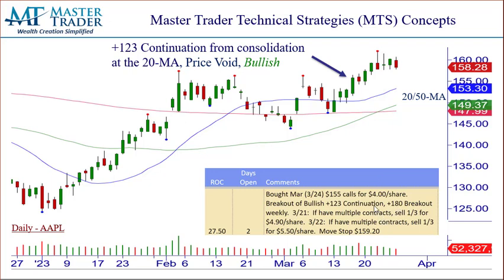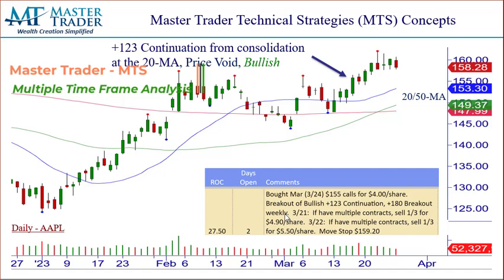So here's the technical setup. Breakout of a bullish 1, 2, 3 continuation. Bullish 180 breakout on the weekly, which was also one of the criteria I mentioned in our technical concepts called multiple time frame alignment, and we sold into strength.